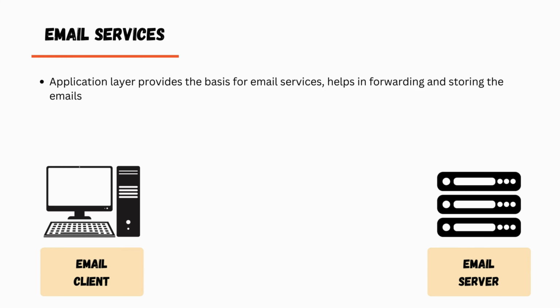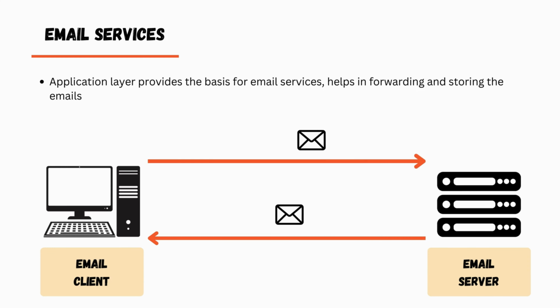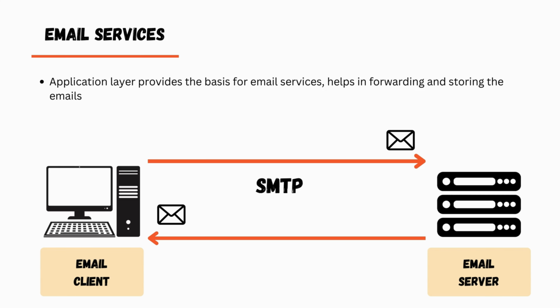If you want to transfer emails between an email client and email server, or between two servers, you will be using the SMTP protocol. And if you want to retrieve the emails from the email server, then you will be using the protocol POP3. All this work related to the email services is done on the application layer.